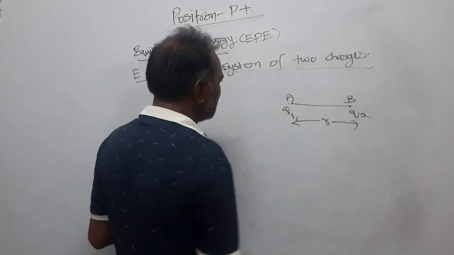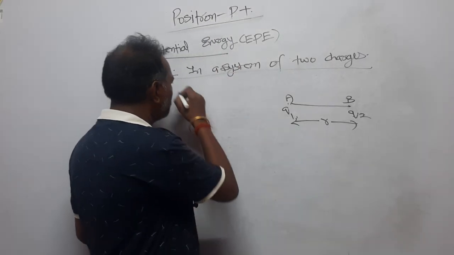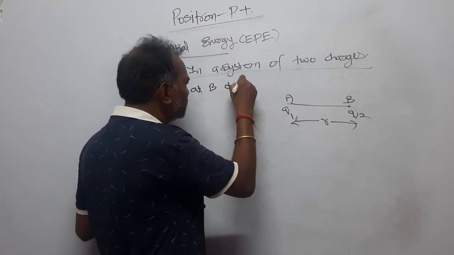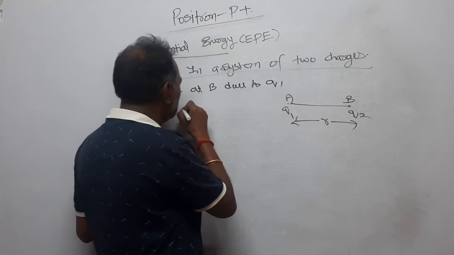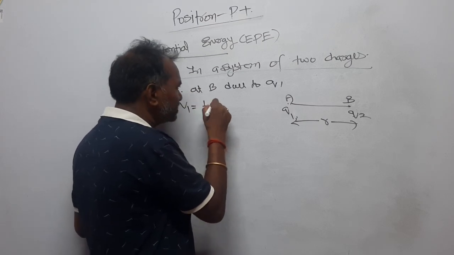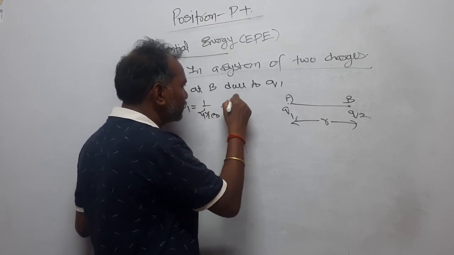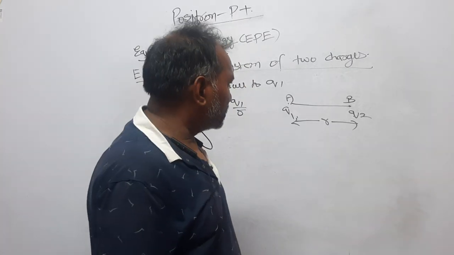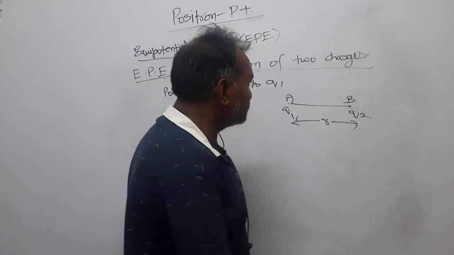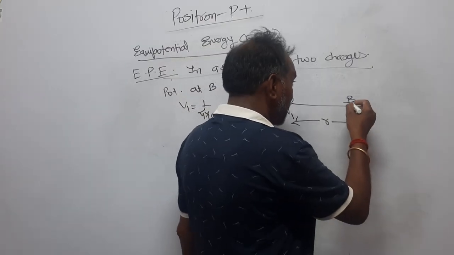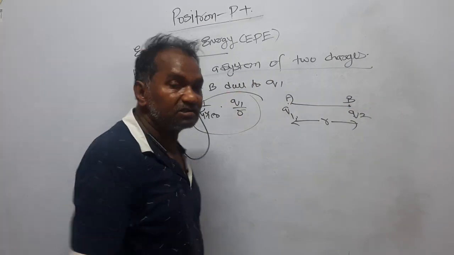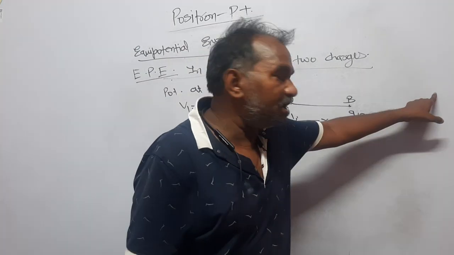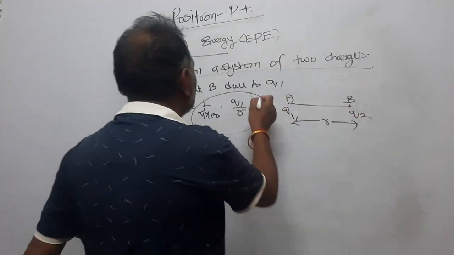Now, the potential at point B due to Q1, let it be V1, is equal to 1 upon 4 pi epsilon naught Q1 by r, right? Now you have got the potential. So the question is, what will be the work done in bringing the charge Q2 from infinity to point B where the potential is this?